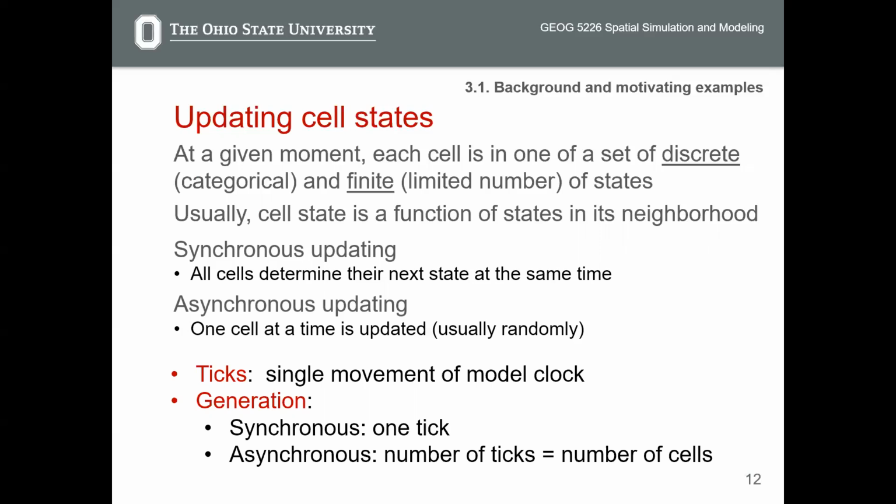If there are 81 cells on your chessboard in this space, and you are using asynchronous updating, how many ticks do you need to update 81 cells? Of course, 81 ticks. So after 81 ticks, we call it a generation. The definition of generation depends on your method of updating.